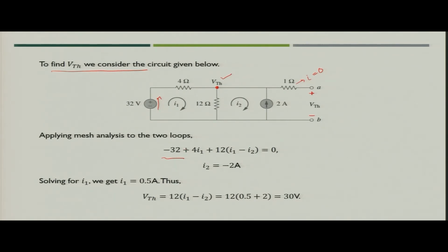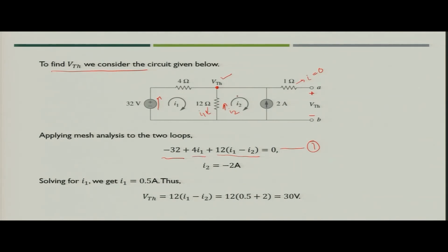This will be minus 32 plus 4 I1, then 12 into (I1 minus I2), because I1 would be flowing in this direction and I2 would be flowing in this direction. So, the net current would be I1 minus I2, and that would be equal to 0. So, this is the first equation which you get from mesh 1.